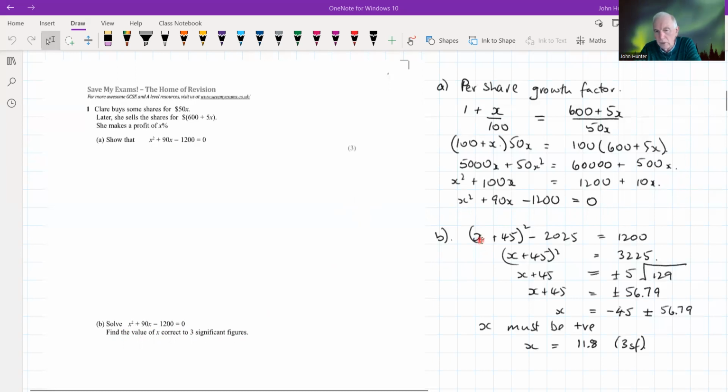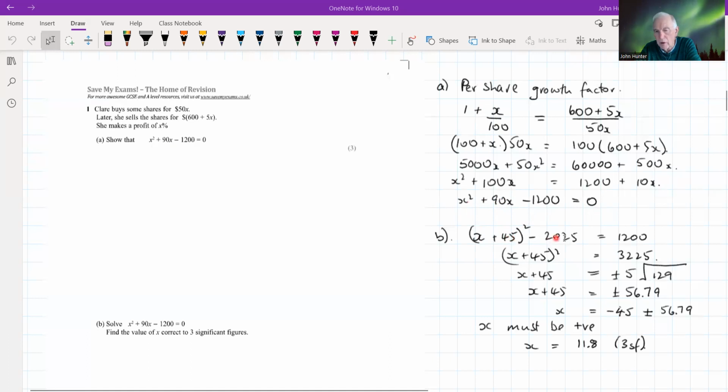Okay, so the way I've chosen to do this is by completing the square. So if we consider this expression here, x plus 45 all squared, that's going to give us x squared plus 90x, twice this, but it's also going to give us this squared here as well, which is 2025.